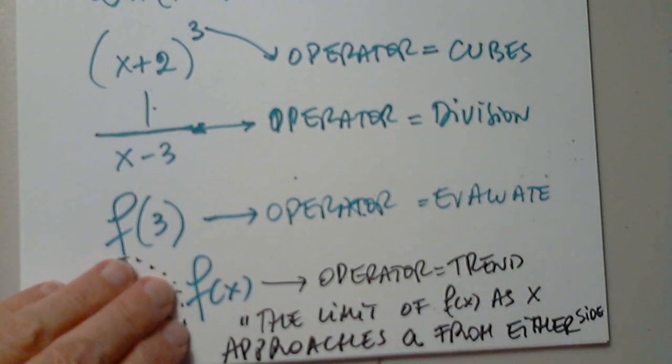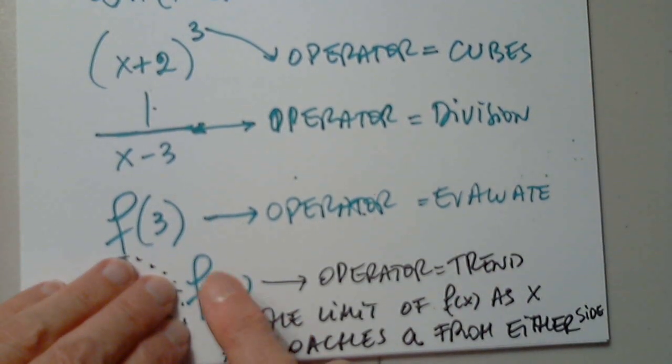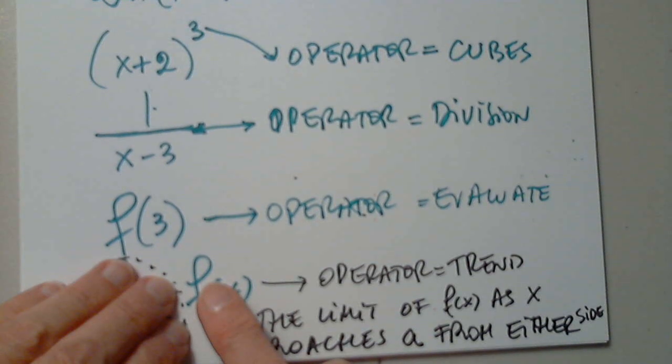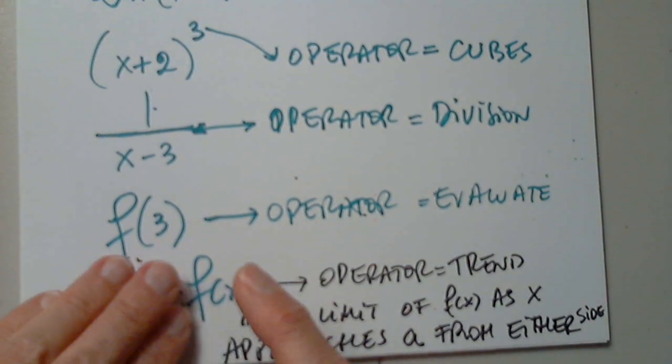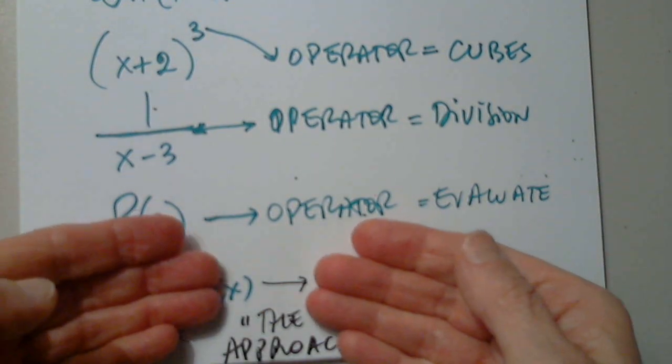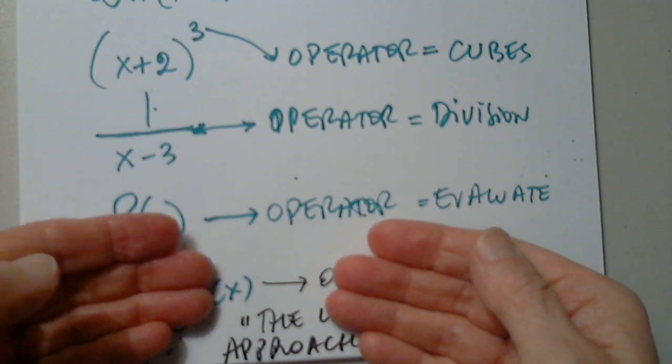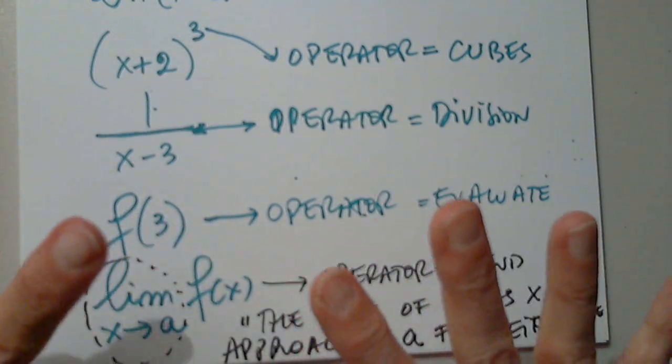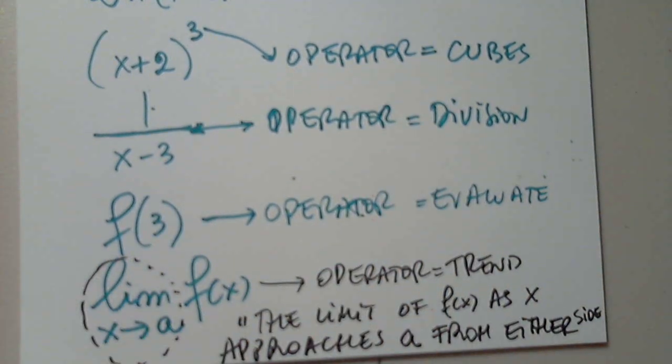It's asking us to find the trend of this function, or the limit, the trend of this function as x approaches this number from either side simultaneously. We'll talk about it. I'll give you plenty of examples in a minute.